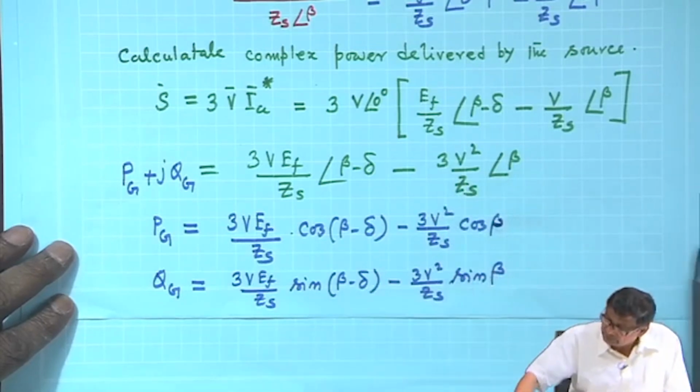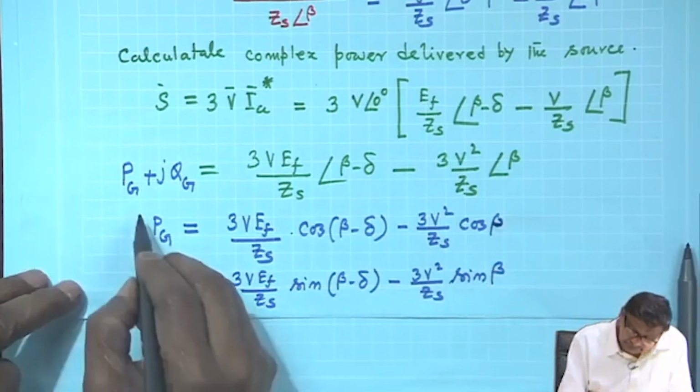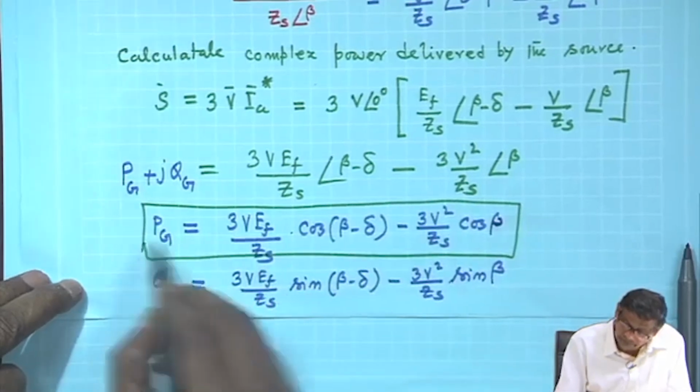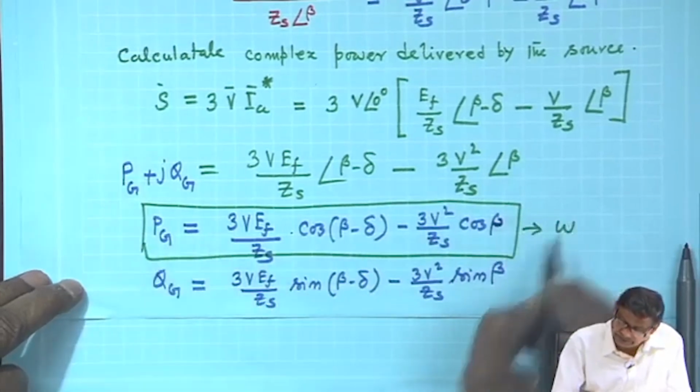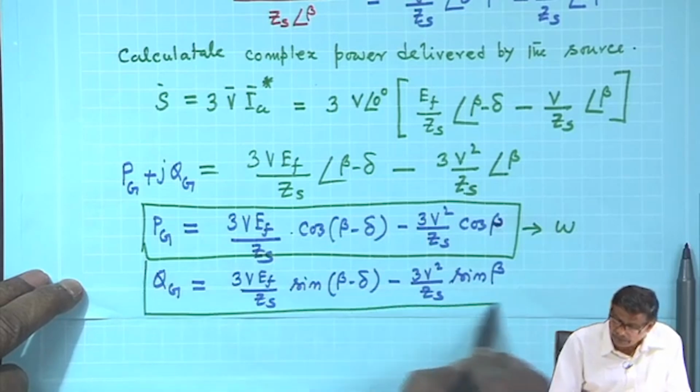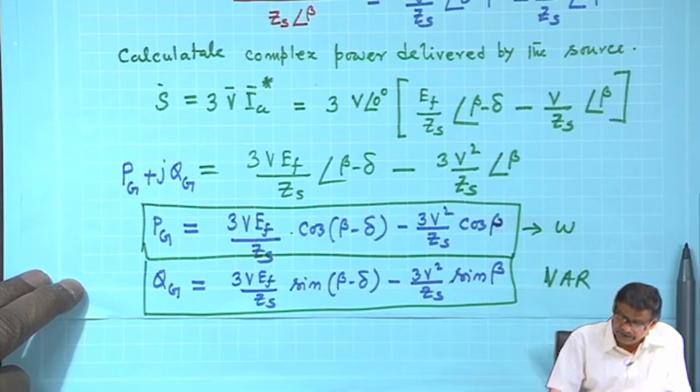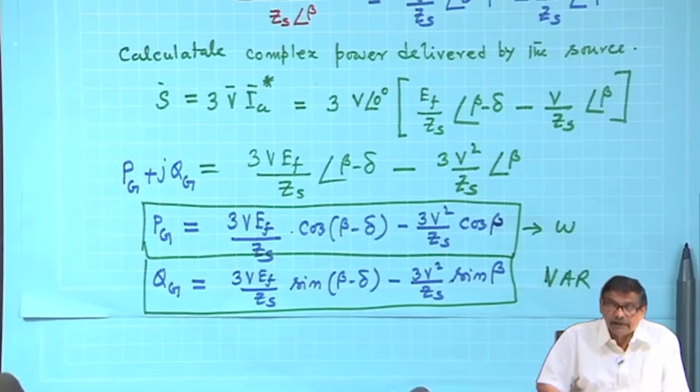Is that clear? So, this is the real power in watt, and this is the reactive power in VAR, volt ampere reactive, that is delivered by the generator.